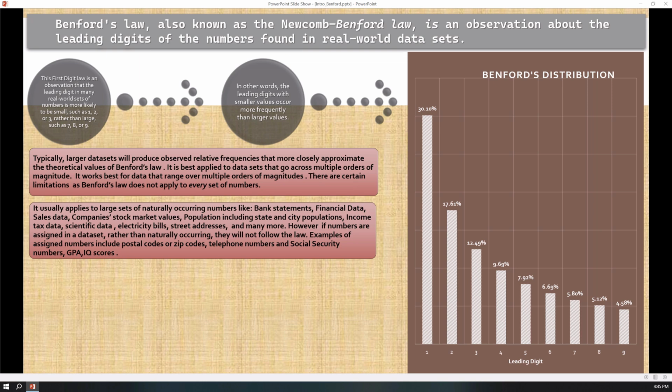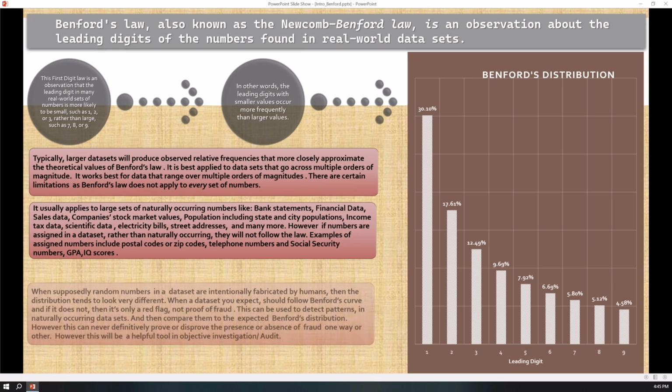Similarly, GPA or IQ scores will not work. So to reiterate, the dataset should be naturally occurring, it should have multiple orders of magnitude, and preferably it should have at least 200 observations. There are cases where people have worked with smaller datasets, but 200, 500, or 1,000 observations will give you better results.